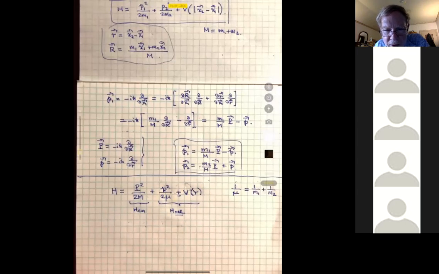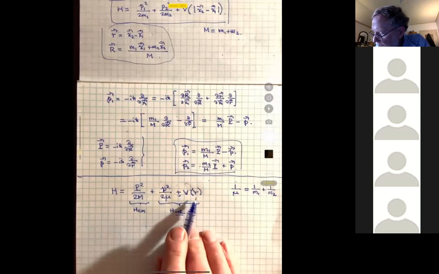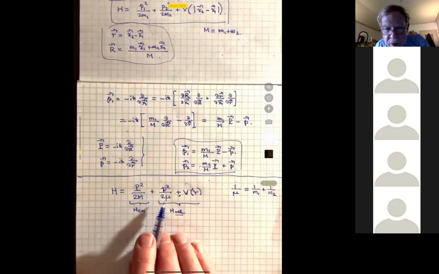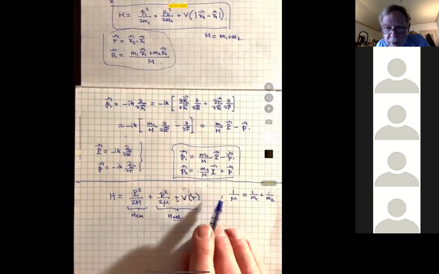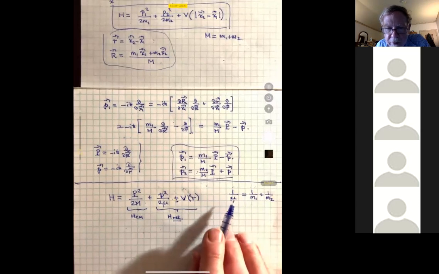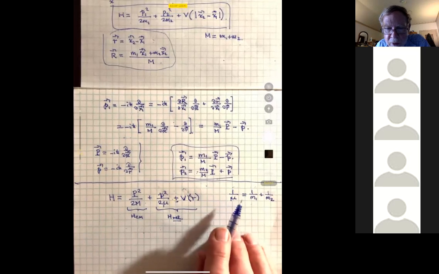There's a couple of changes, however. One is a reinterpretation of the variables. R is not the distance from the origin; it's rather the distance between the two particles. And P here is not the momentum of the orbiting particle, but rather, as I explained earlier, the momentum in the center of mass frame. Also, the true mass of the orbiting particle has been replaced by mu, the reduced mass. It's worthwhile mentioning that if the two masses m1 and m2 are very different from one another, then the reduced mass is approximately equal to the smaller of the two.